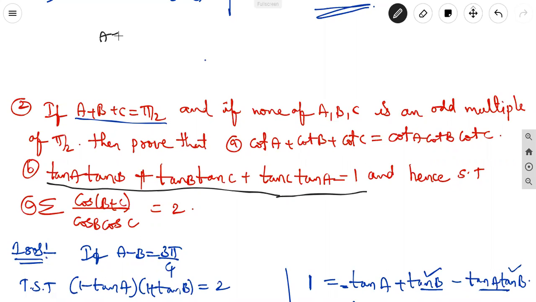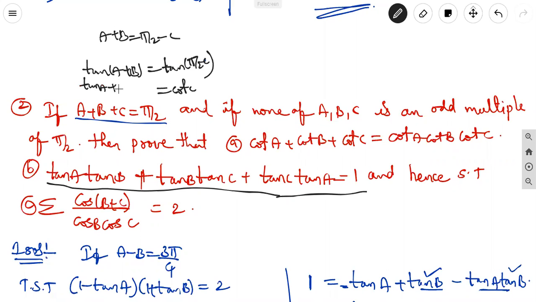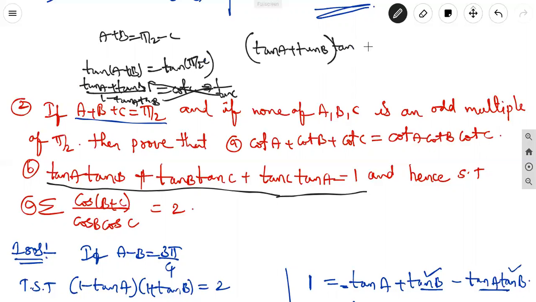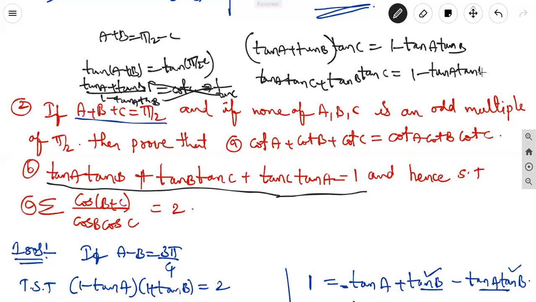In the same way, we take A plus B equal to pi by 2 minus C. Tan of A plus B equal to tan of pi by 2 minus C, which is equal to cot C. Tan of A plus B is tan A plus tan B by 1 minus tan A tan B. Cot C is nothing but 1 by tan C. So by cross multiplying, tan A plus tan B into tan C equal to 1 minus tan A tan B. Multiplying out, tan A tan C plus tan B tan C equal to 1 minus tan A tan B. Taking this to the left side, we get the result.